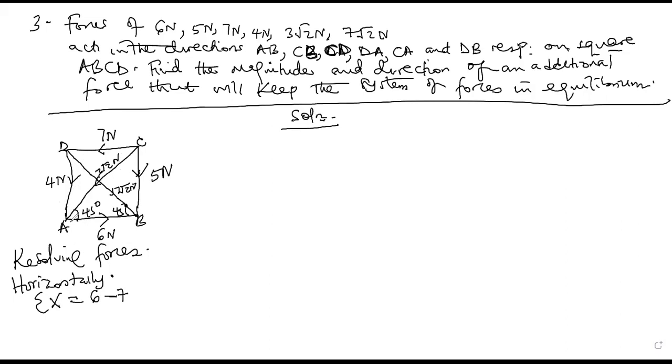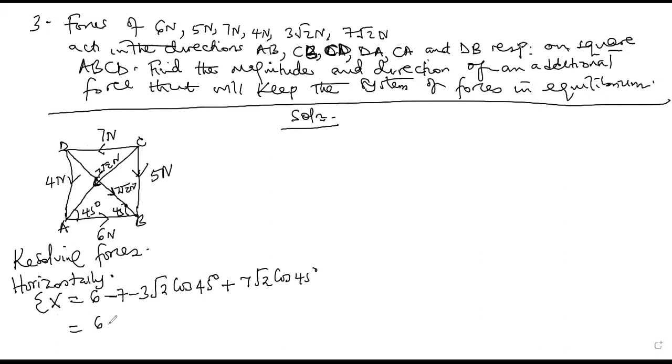Then when we go to CA, you see it is going to the negative side, west direction. So it will be minus 3 root 2 cos theta, but our theta is 45. Then this is going to the positive side of the x-axis. So it will be plus 7 root 2 cos of 45.